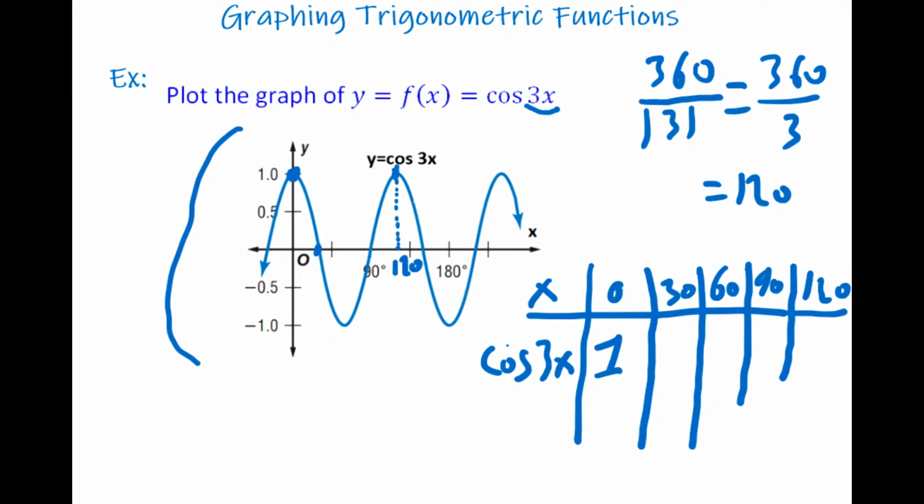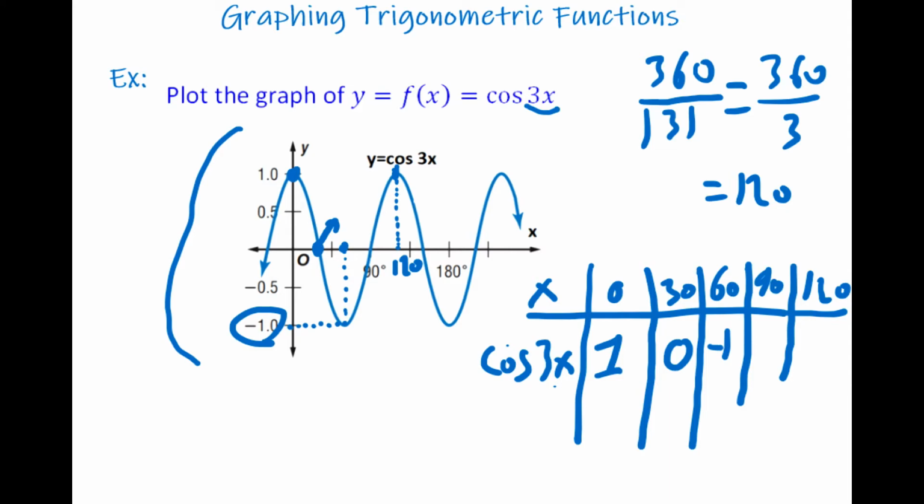Cosine 90 is 0, guys, right? So this point is 30 degrees, but it corresponds to cosine 90 degrees, okay? Because if you put 30 here, then we're going to have cosine 90, right? If you put 60 instead of x, which is right here, then we have cosine 180. Cosine 180 is negative 1, guys. And as you can see, it corresponds to negative 1 here.